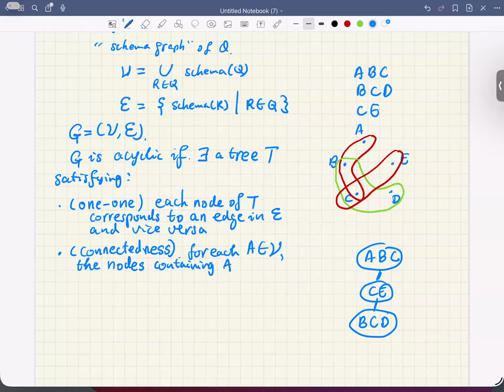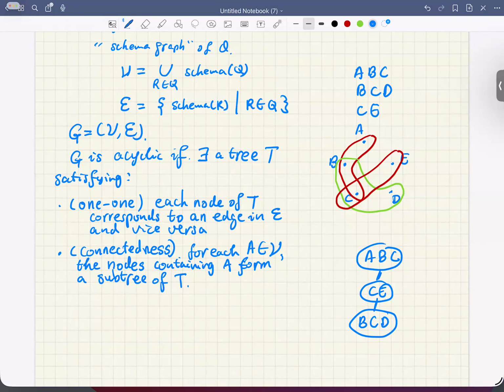So the nodes containing A form a subtree of T. Now pay attention, T is not a rooted tree. So when I say it's a subtree, essentially I'm saying that the nodes constitute a connected component.